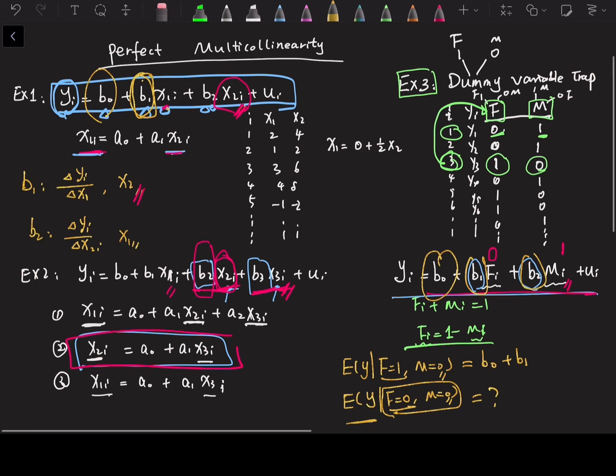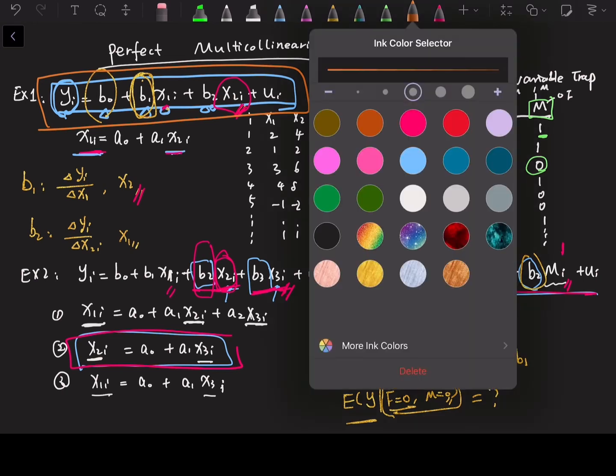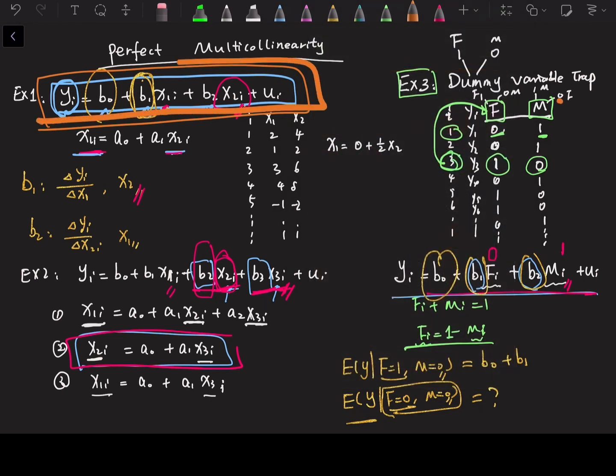For example, in this case, let me use a different color, maybe this one. Using this as an example, you can just drop x2.